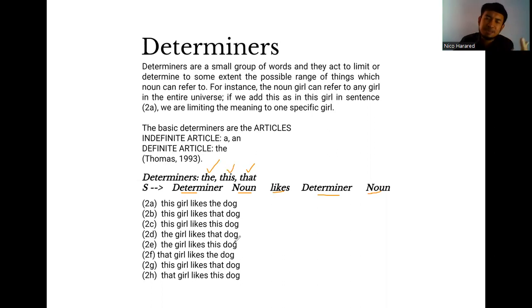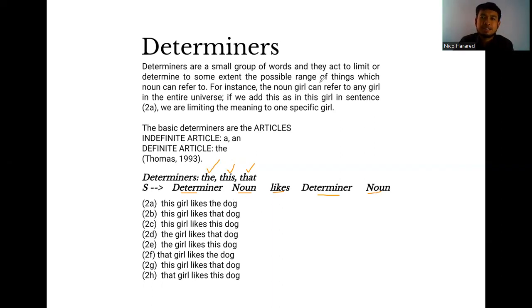So can you see that we can create more than five sentences by only using this kind of structure? So we create some variations of the sentences.